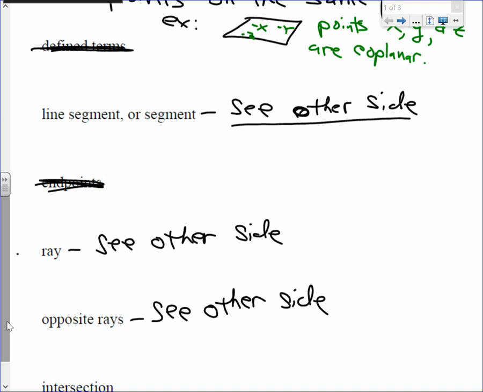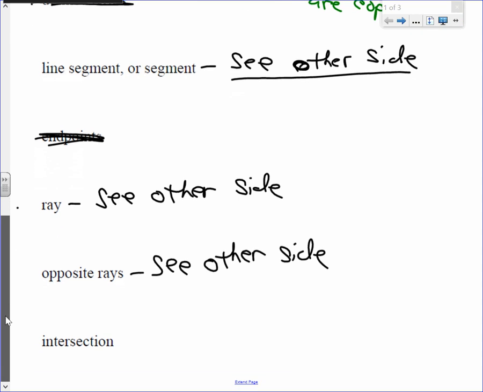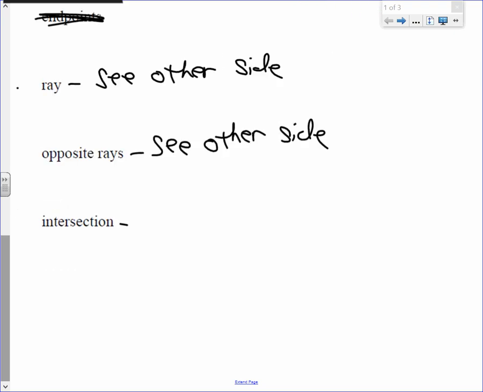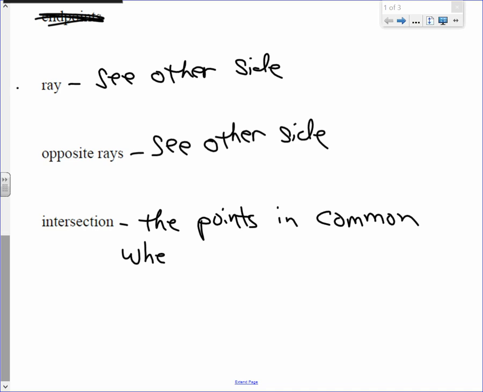Intersection though I want to talk about. Intersection is the points in common when two figures meet.